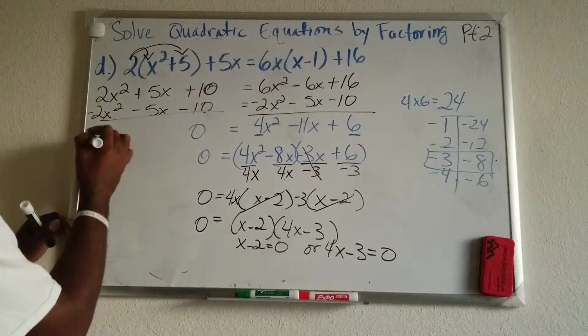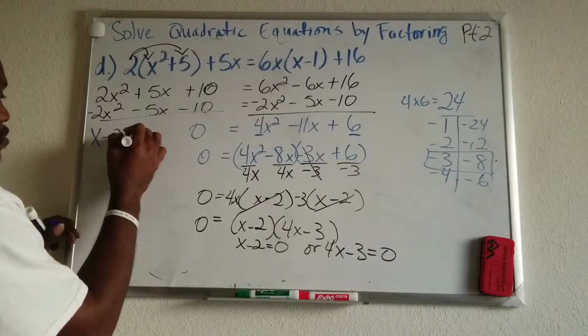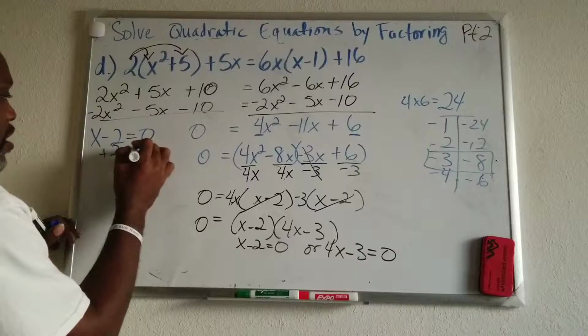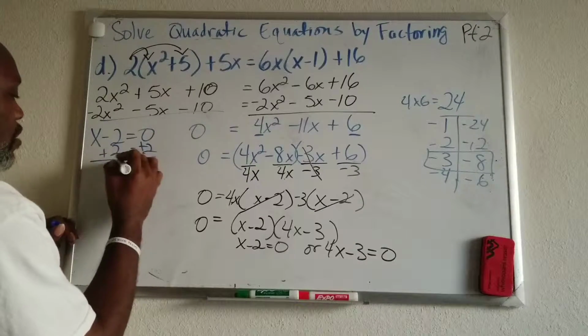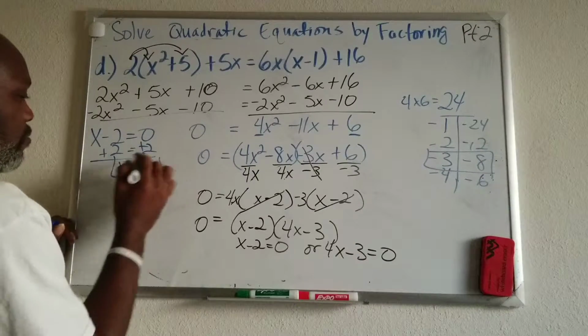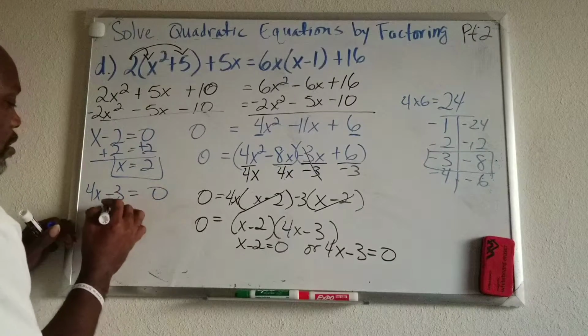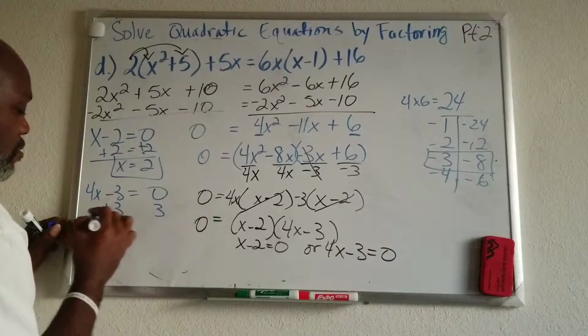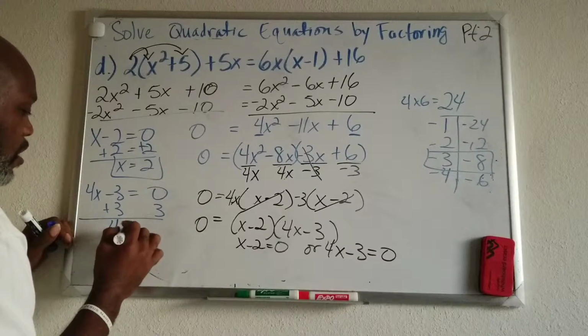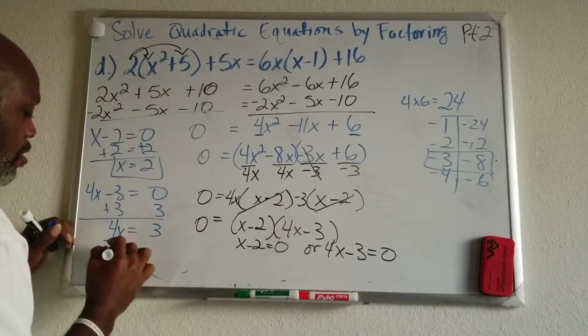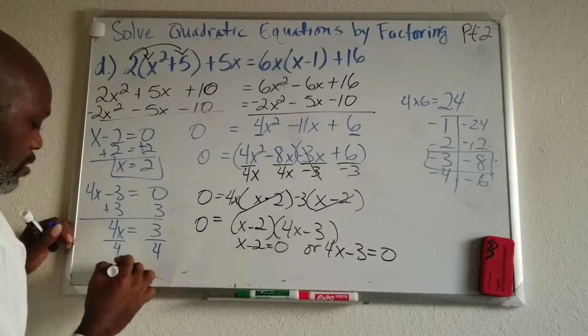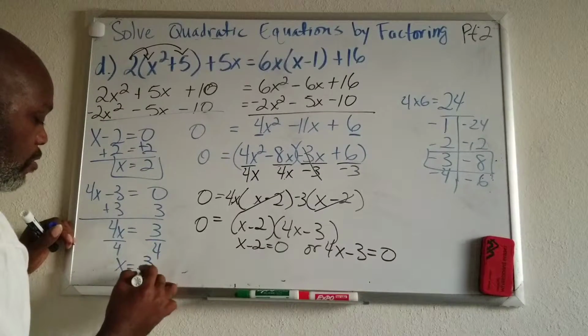All right, so just to give some more space, x minus 2 equals 0, add 2 to both sides, x equals 2, and 4x minus 3 equals 0, add 3 to both sides, 4x equals 3, divide both sides by 4, x is 3 over 4.